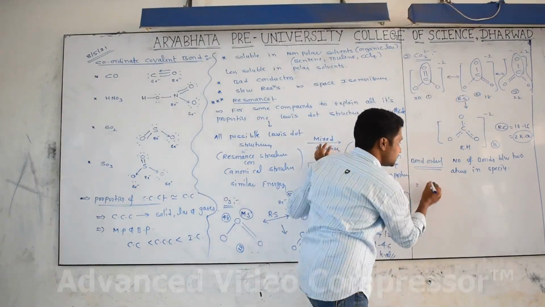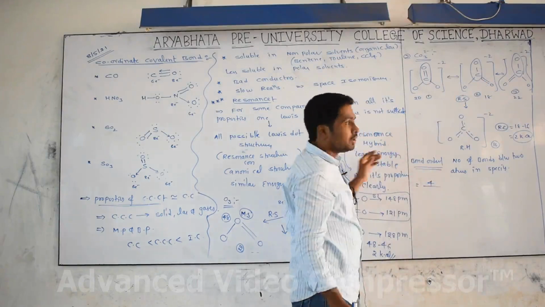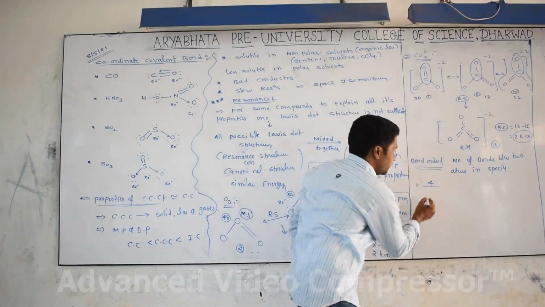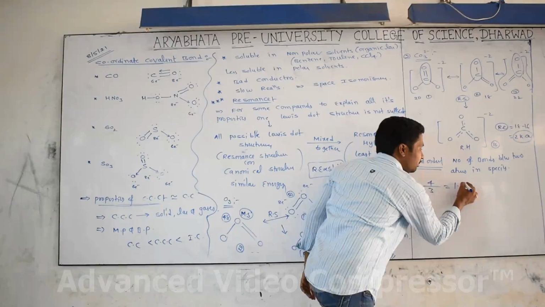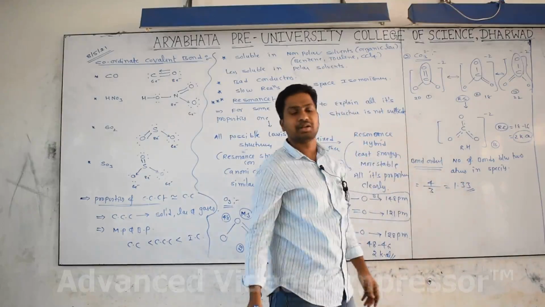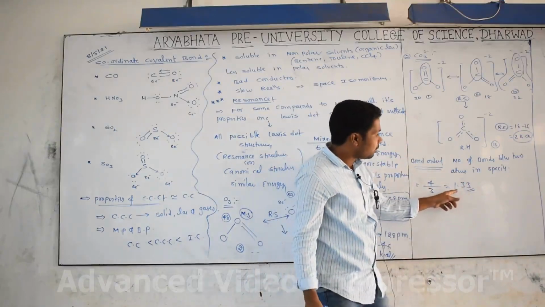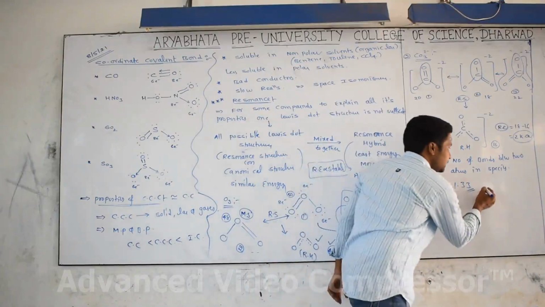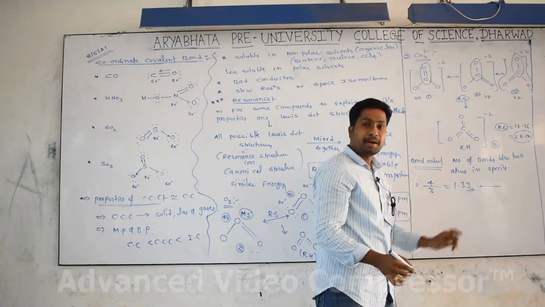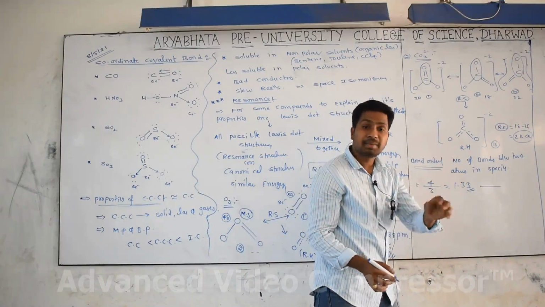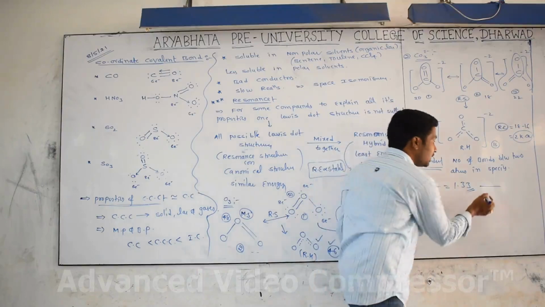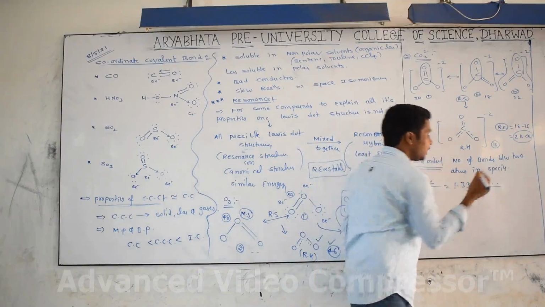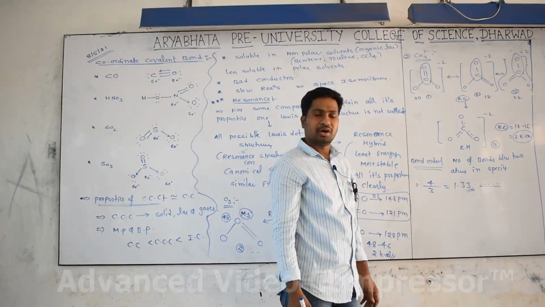Together 4 bonds. By how many structures? 3. So it is 1.33. The bond order is 1.33. What is the meaning of a bond order of 1.33? A single bond is there, but the 0.33 is not exactly a pi bond; it is a weak pi bond, so we have to show that as dots. Are you getting it or not?